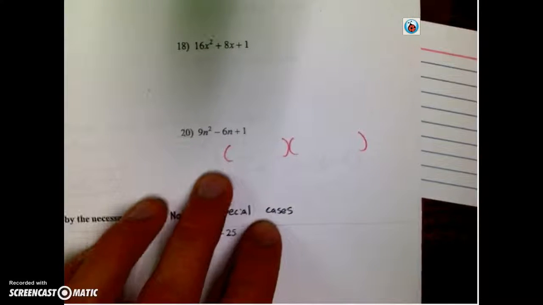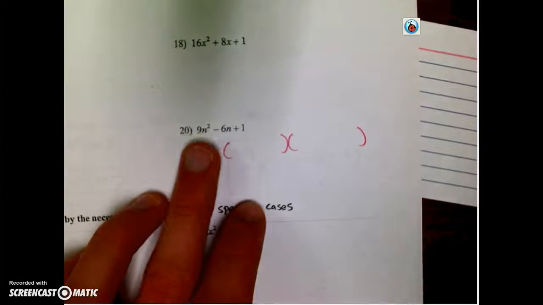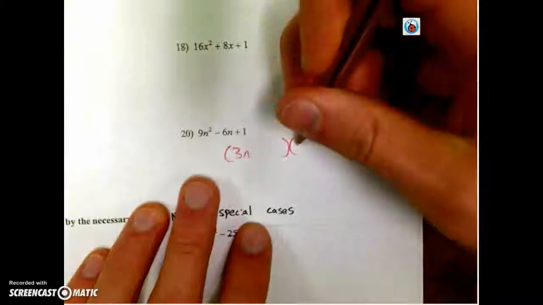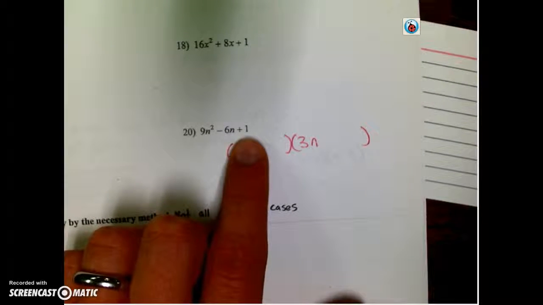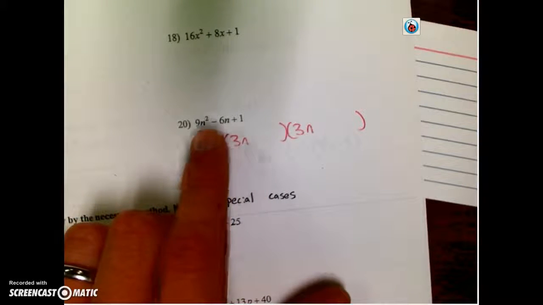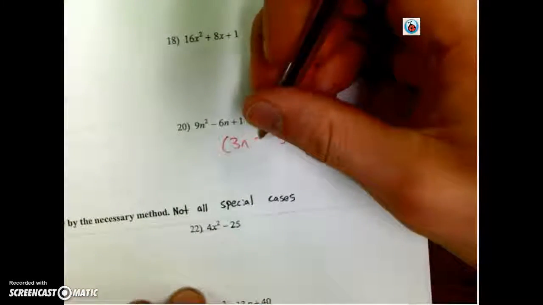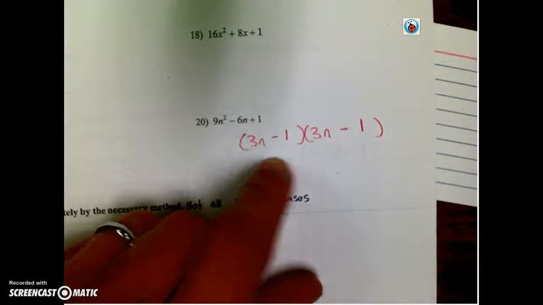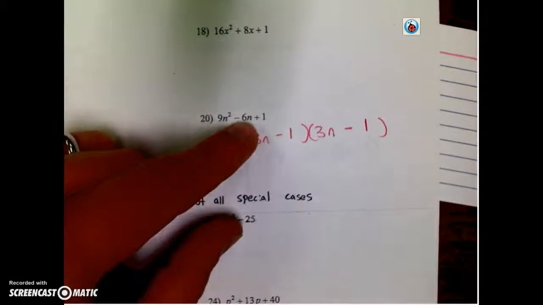Now these problems do work with the table organizer if you like to do it that way. Right now, my perfect square for 1 is a positive 1 and a positive 1. But we know that since we need a negative here in the middle, I'm going to need to go negative 1 and a negative 1. And then if we were to multiply these out, we realize that we do get from our original to understand where our middle term comes from.